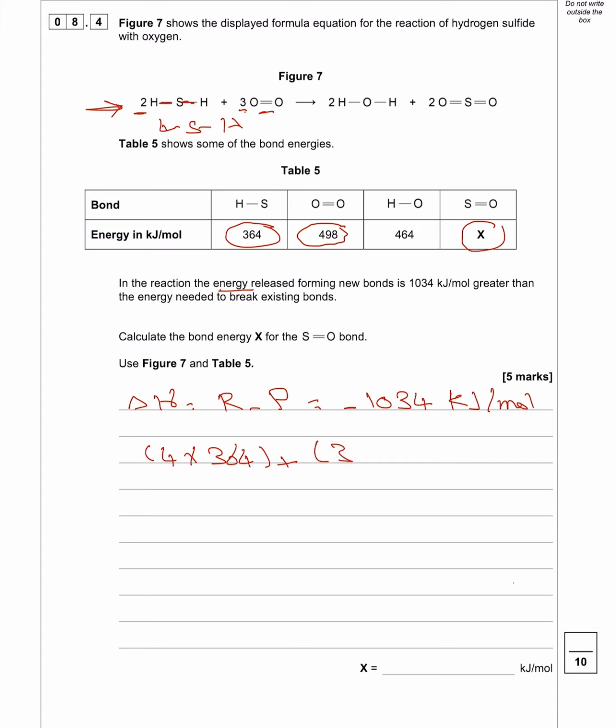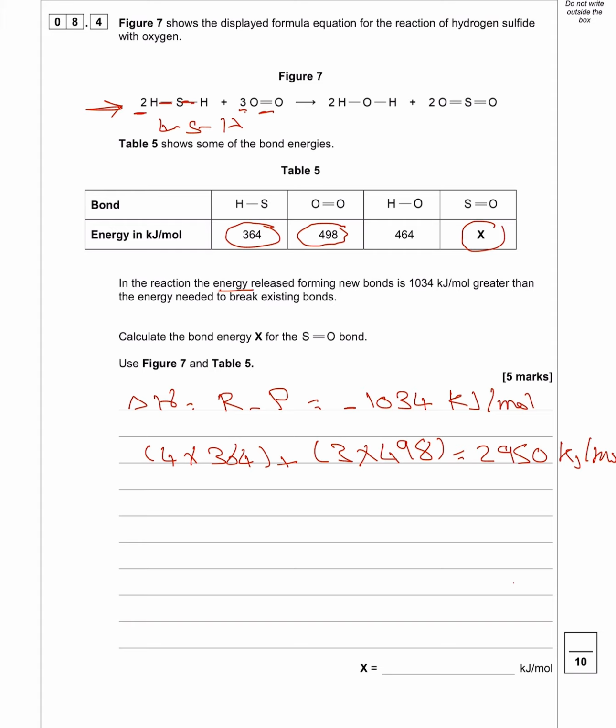So plus 3 times 498. So all the energy needed to break all the bonds of the reactants, when we add that, is 2950 kilojoule per mole.